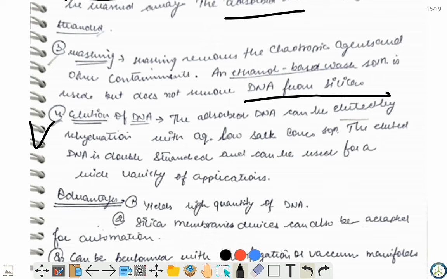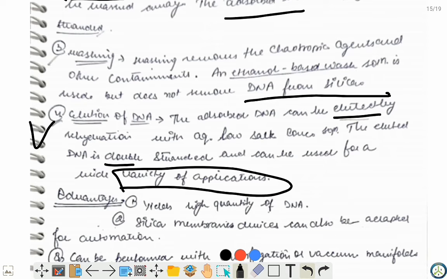The adsorbed DNA is eluted by rehydration: we rehydrate the sample and elute with an aqueous low salt solution. This eluted DNA is double stranded and can be used widely in applications.